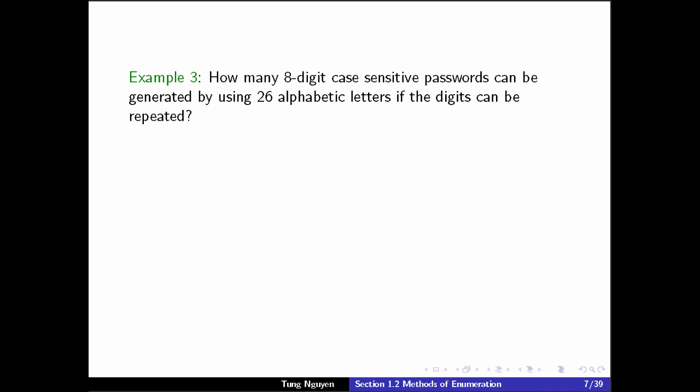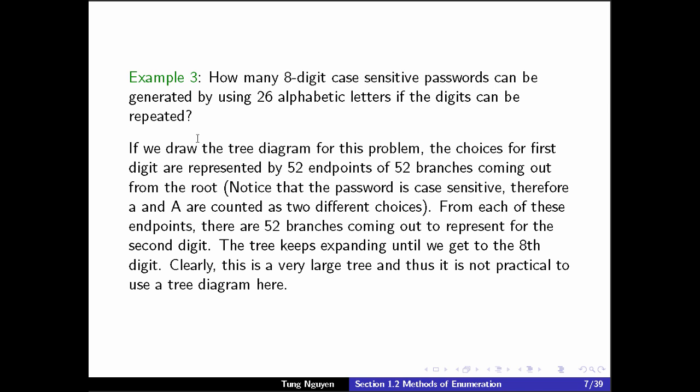But first let's talk about whether we can use tree diagrams here. The problem with that will be getting a huge tree diagram because it is case-sensitive passwords.